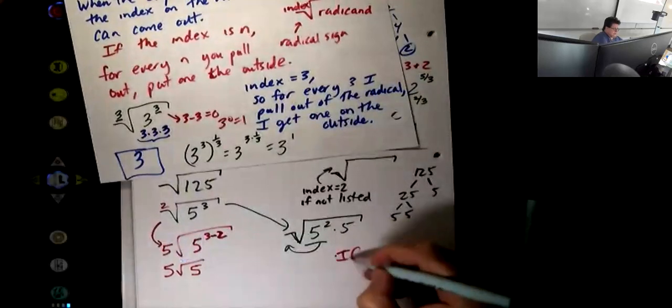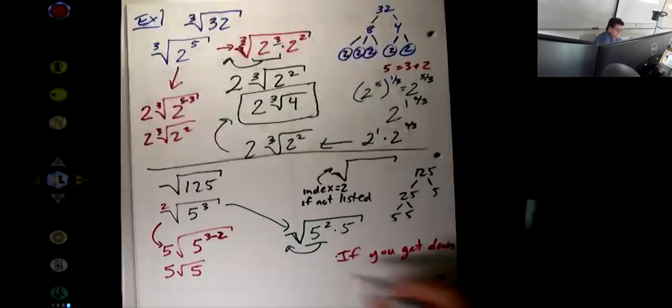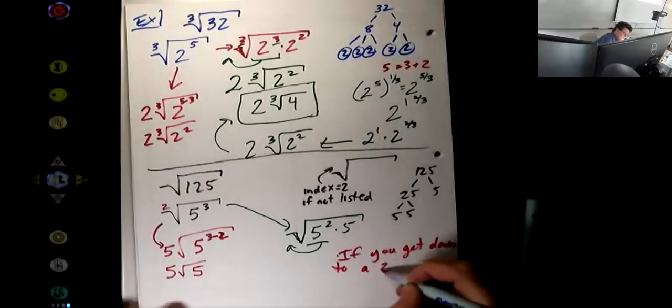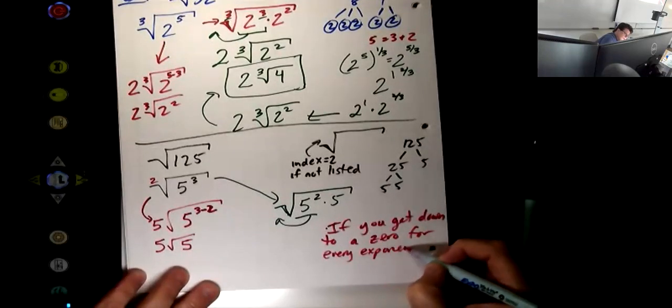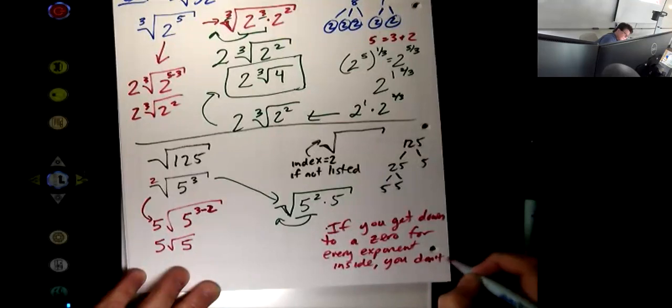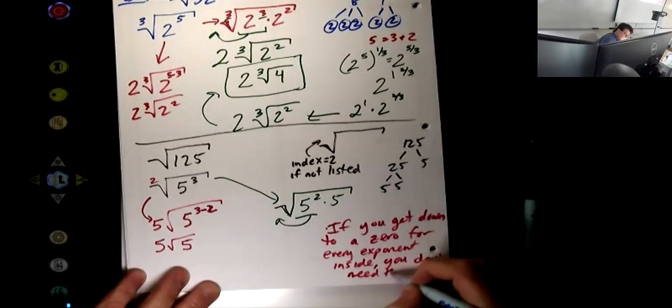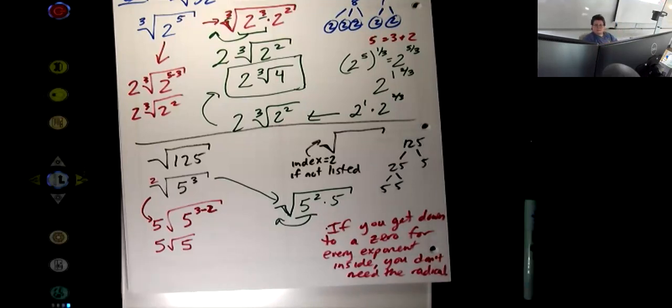If you get down to a 0 for every exponent inside, you don't need the radical anymore. But if there is still an exponent, there is no 0, so you can do the radical.